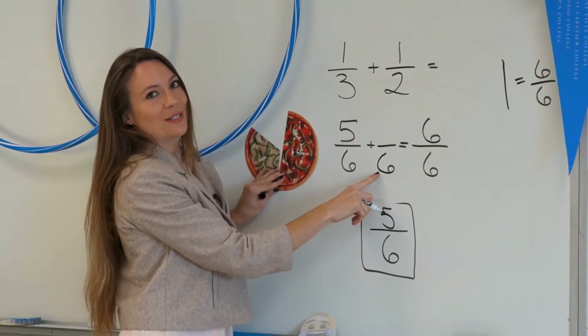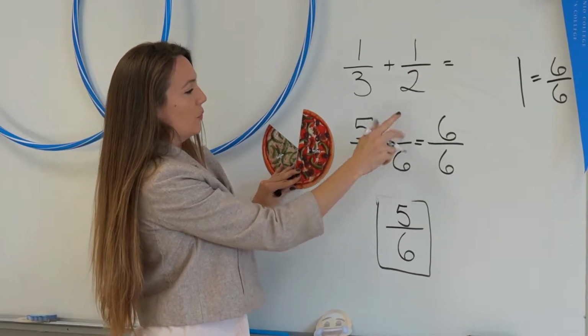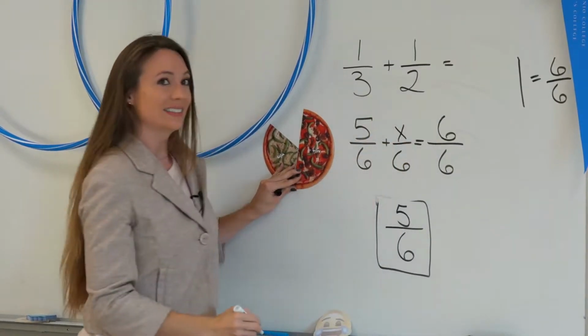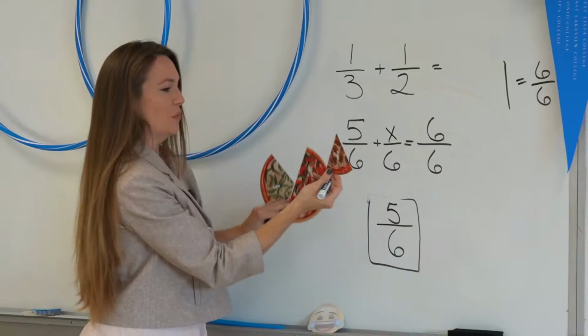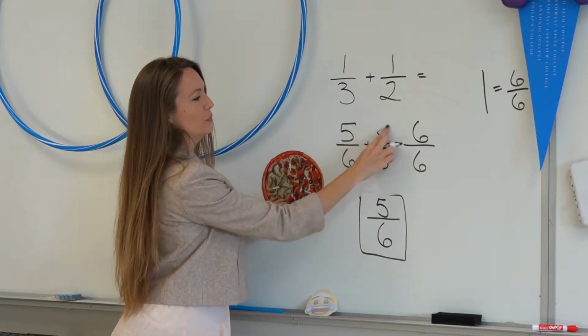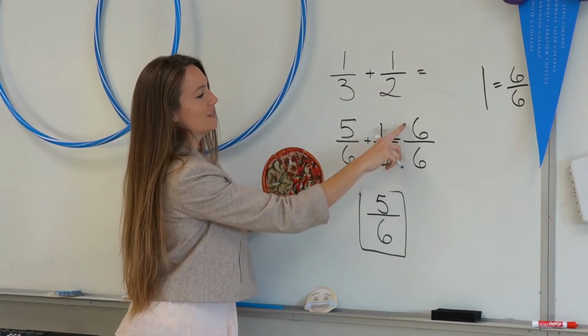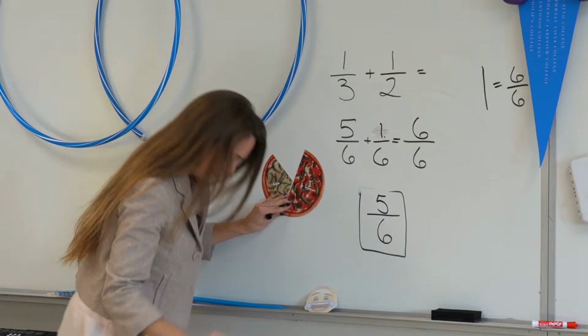Let's use this least common denominator because we don't want to mess with those demons. What's this? 1/6. 5/6 plus 1/6 gives us a whole.